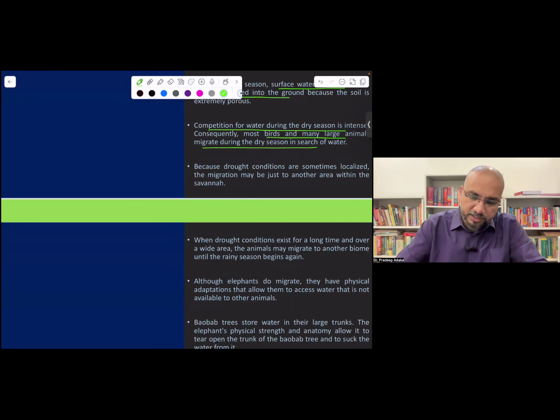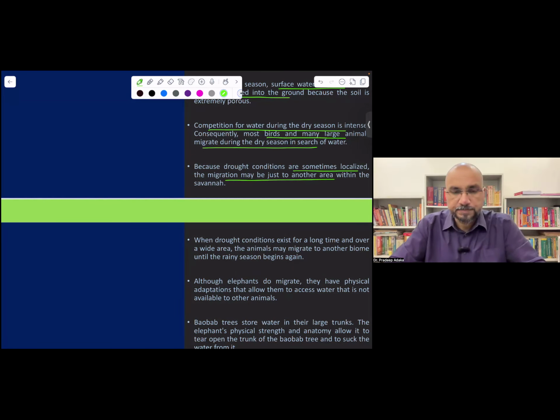Now, because drought conditions are sometimes localized in particular areas, in particular pockets, you'll have a dry patch. Okay, so within a large area, one place to another place within a large territory, the migration generally happens from one part to another part within the same area. Migration may be just from one area to another area within savanna.